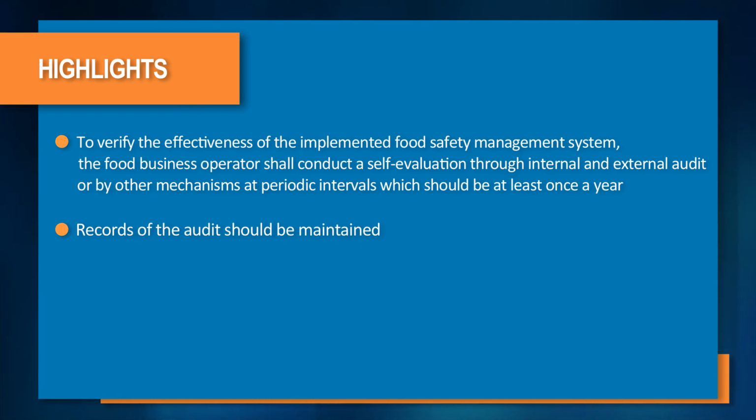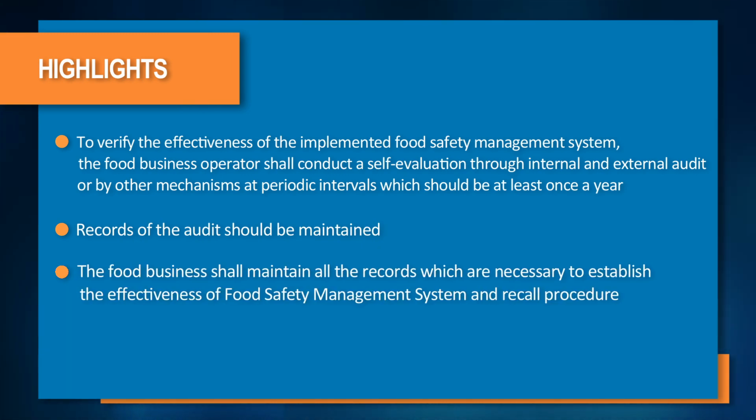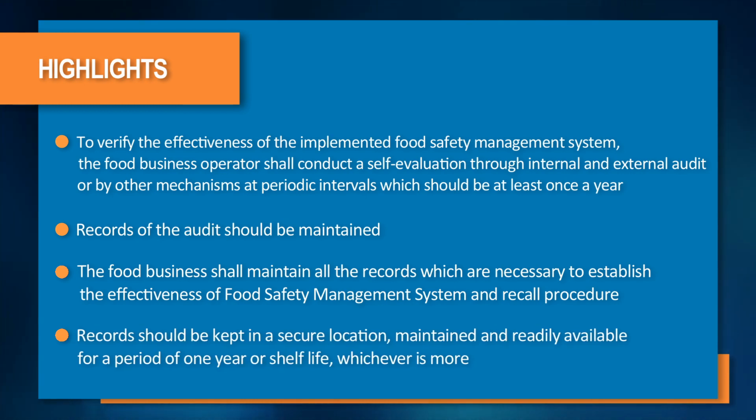Records of the audit should be maintained. The food business shall maintain all the records which are necessary to establish the effectiveness of food safety management system and recall procedure. Records should be kept in a secure location, maintained and readily available for a period of 1 year or shelf life, whichever is more.